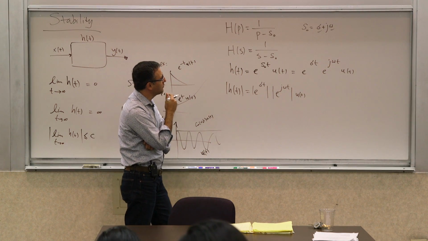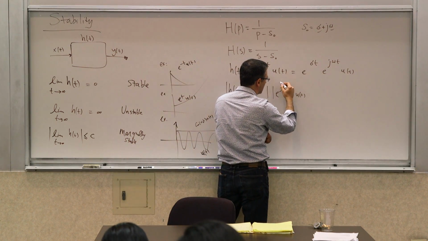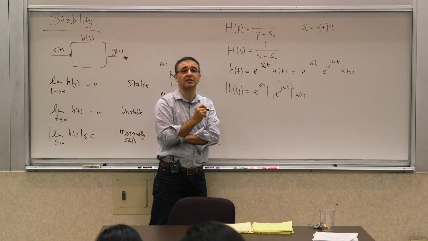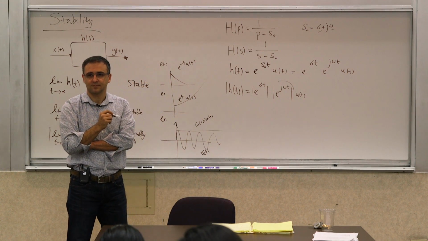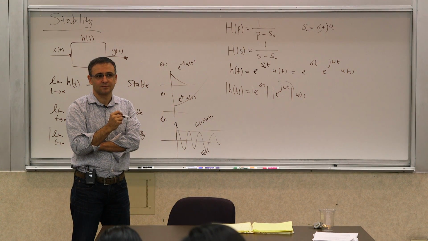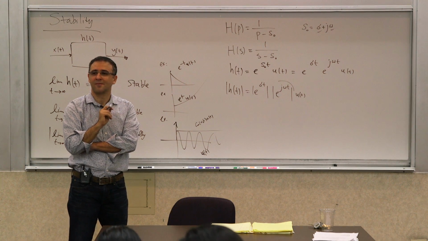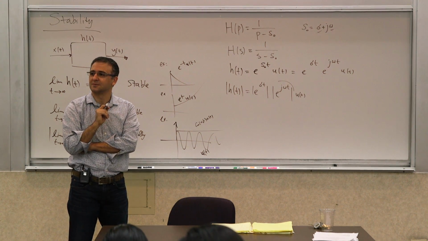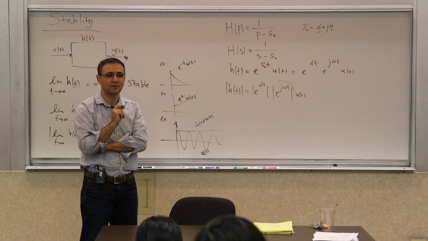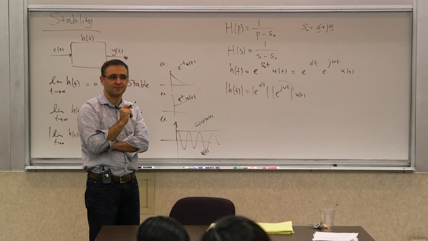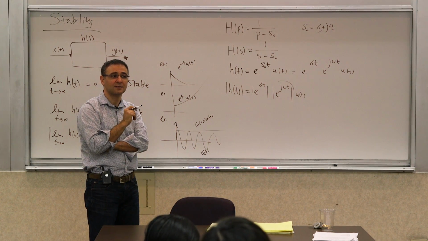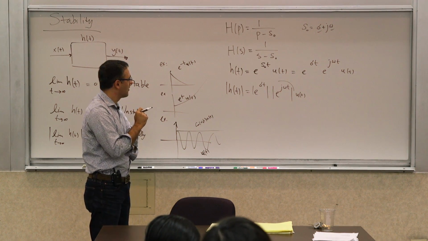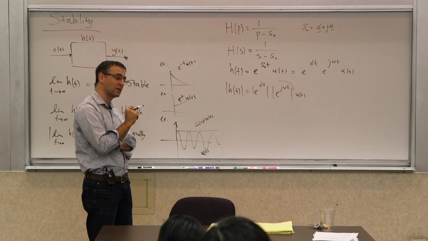So what is the magnitude of this part? E to the j omega t. What is it? Yes, 1. Why is it 1? Yeah, that's one way to think about it.